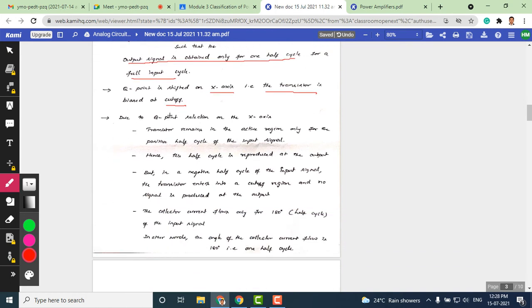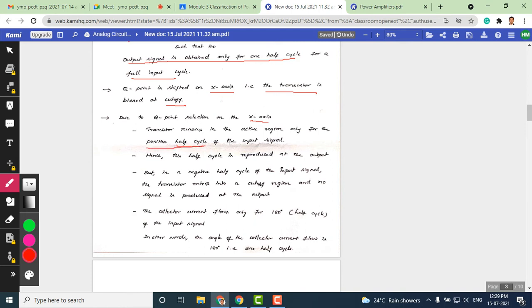Later on, we will show this with the help of waveforms also. Now let us see other details. What are the implications when the Q point is located on the x-axis? When the Q point is located on the x-axis, the transistor remains in the active region only for the positive half cycle.